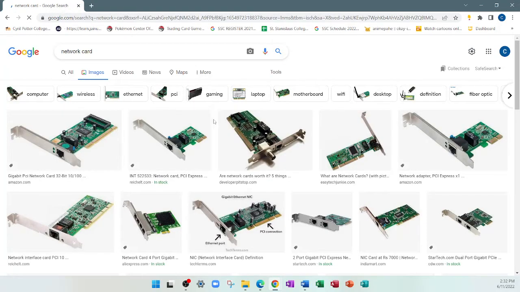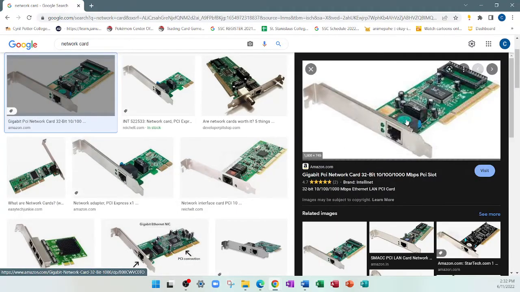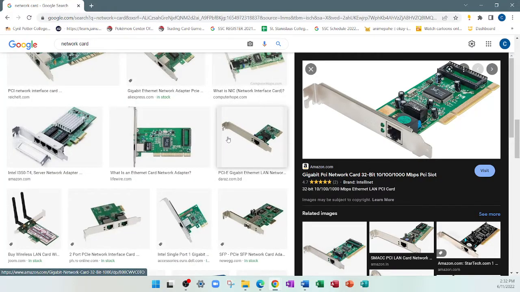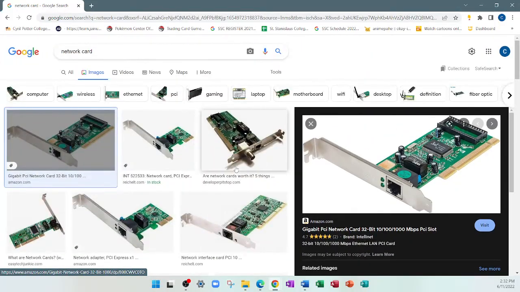So we have wired network cards and we also have wireless network cards. Now this is an example of a wired network card, or an Ethernet network card, so that you can connect an Ethernet cable to the computer. Today, your desktop would have this card built into the system, so it's already built onto the motherboard.